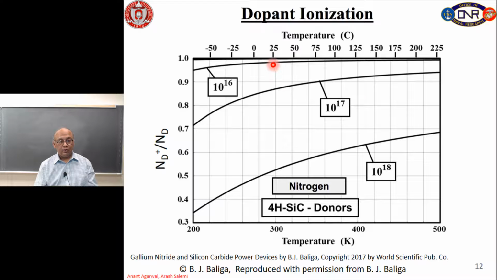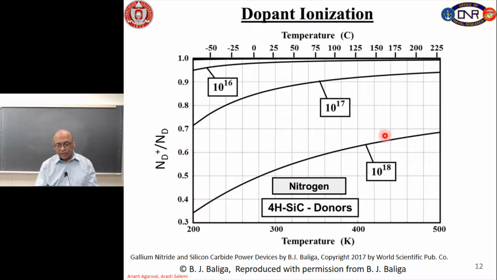At room temperature, you can see it's almost 96-97% ionized, because silicon carbide has a nitrogen level which is only 61 milli electron volts below the conduction band edge. But if we dope it higher, you can see at room temperature it's only 87% ionized, but as we increase the temperature, it can become almost 94% ionized.